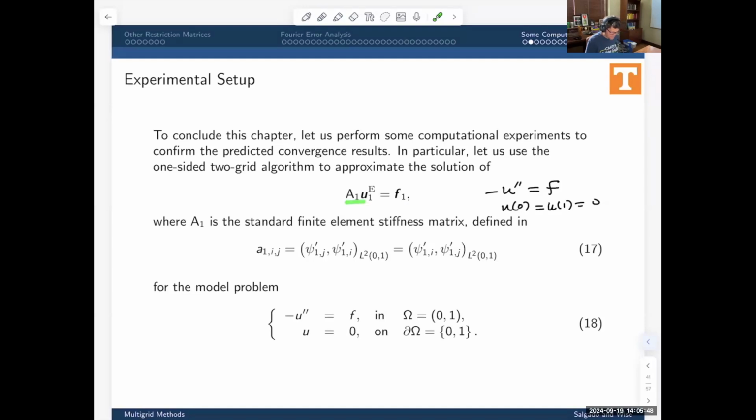We get this through finite element discretization. This A1 is our finite element stiffness matrix. And the f is our forcing vector, which comes through in the finite element case by integrating the right-hand side f against the basis functions.